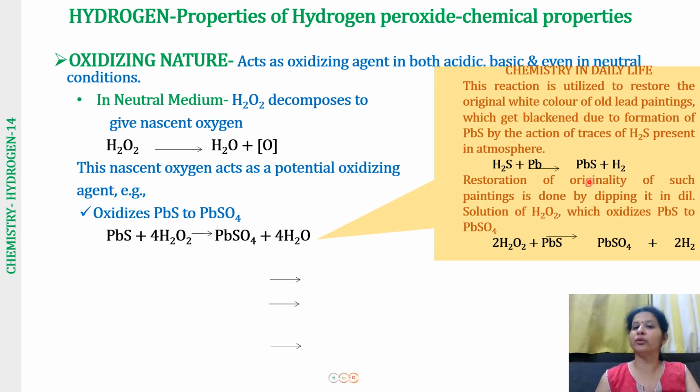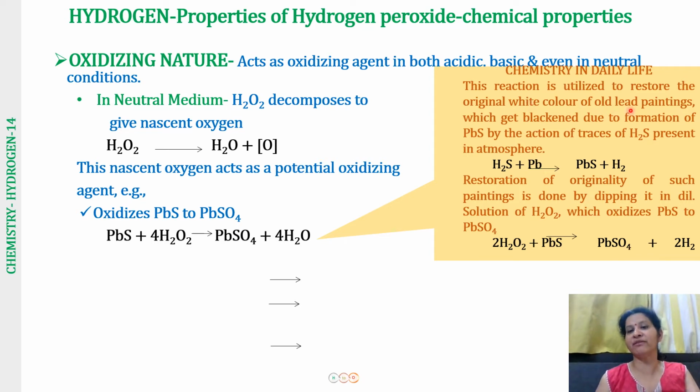Okay, so what you want is to restore the originality of the painting. So what we do is we dip it in a very dilute solution of hydrogen peroxide, and when we do that, it is going to oxidize PbS to PbSO4, and PbSO4 is again white in color, so we will get the white color of the old lead painting restored.